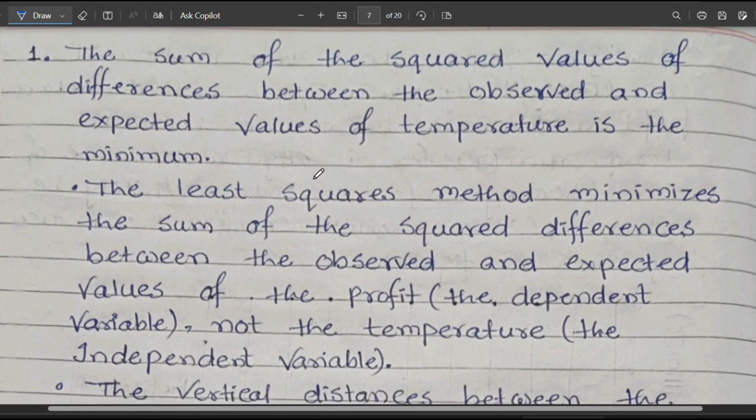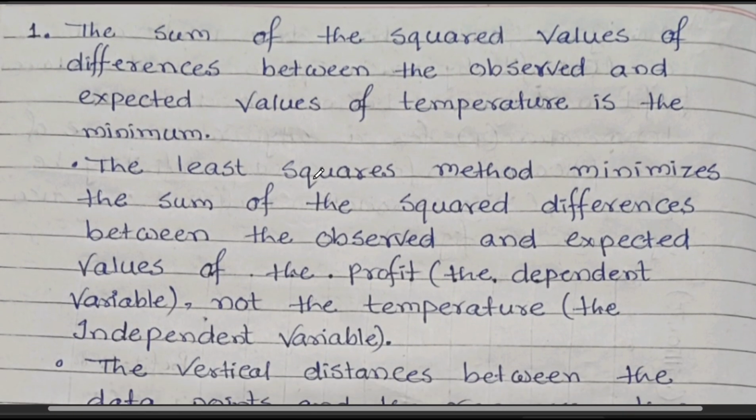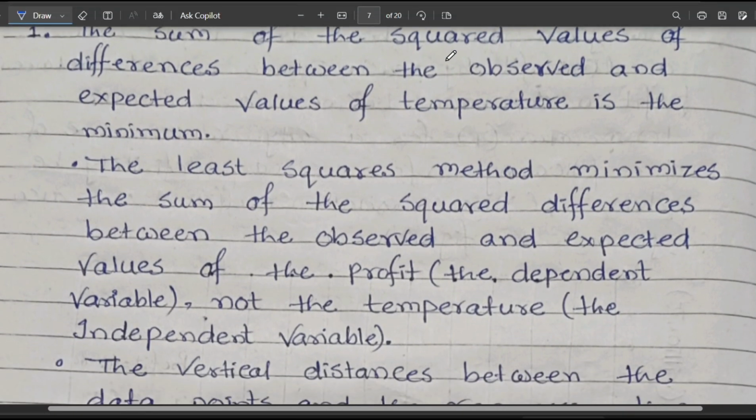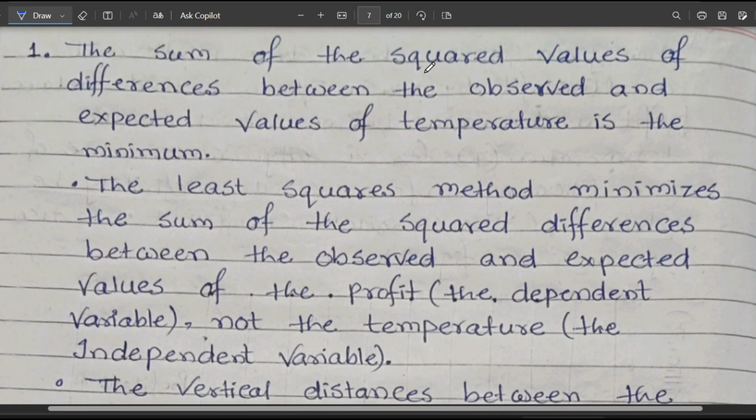The first inference they have given: the sum of the squared value of differences between the observed and expected value of temperature is minimum. We have to verify this.